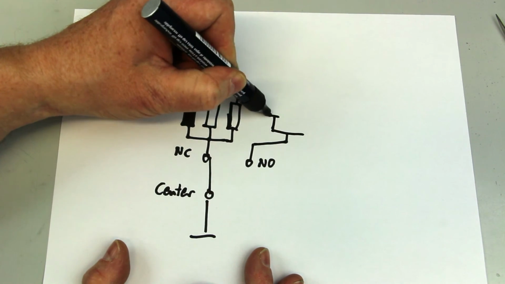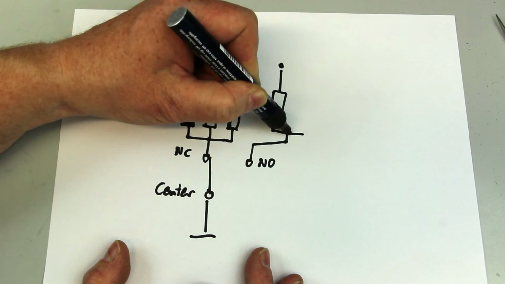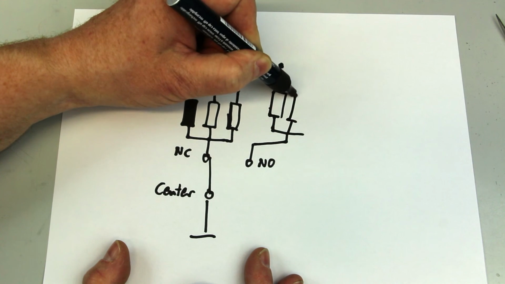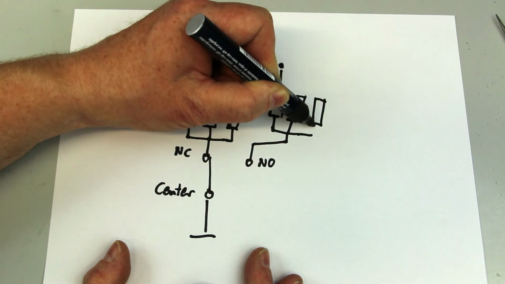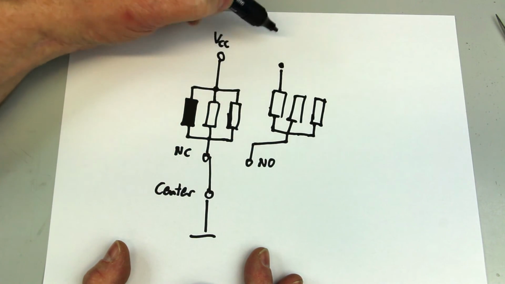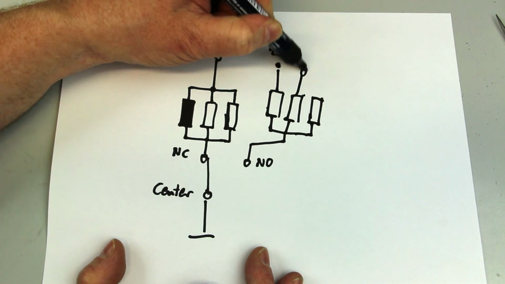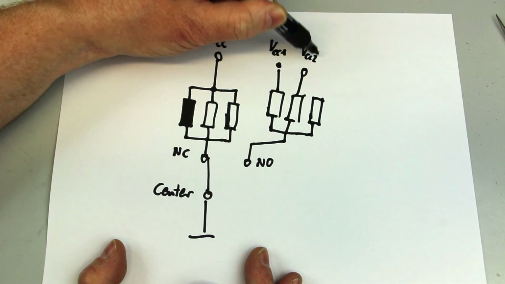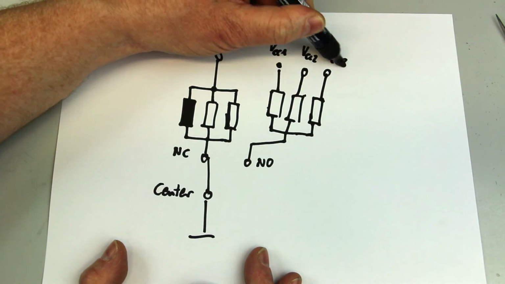We even could, under special circumstances, have parallel loads which are connected to different supply voltages, which means the first one is connected to VCC1, the second is connected to VCC2, and the third one is connected to VCC3.